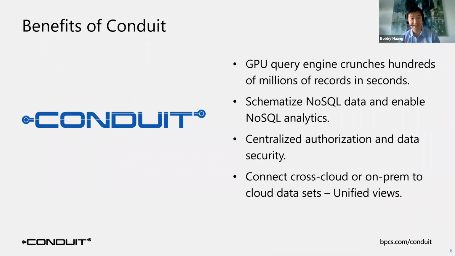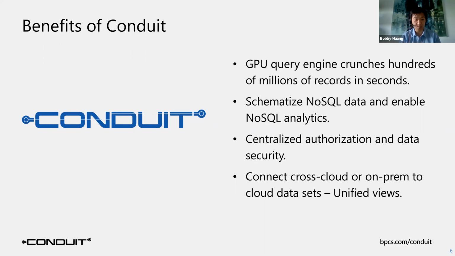So with that said, Conduit, what is unique about our product that separates itself from the rest of the data virtualization category? First, Conduit is built off of Spark, and inside of Conduit there is a query engine. That query engine uses a combination of optimized Spark technology as well as a GPU query engine that's built off the Rapids platform.